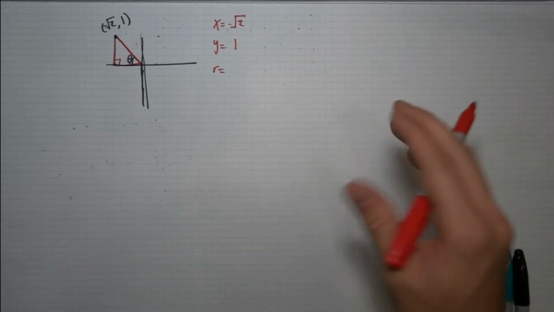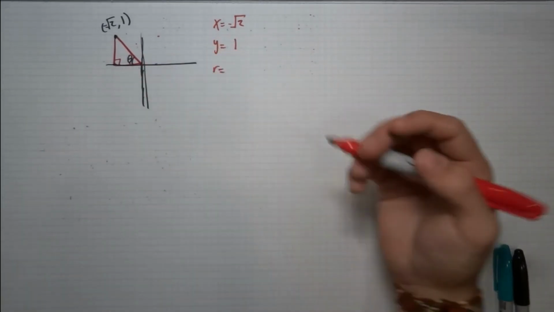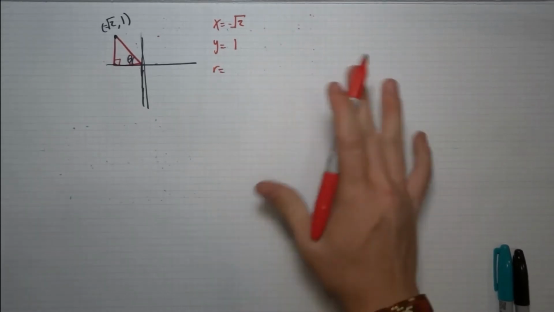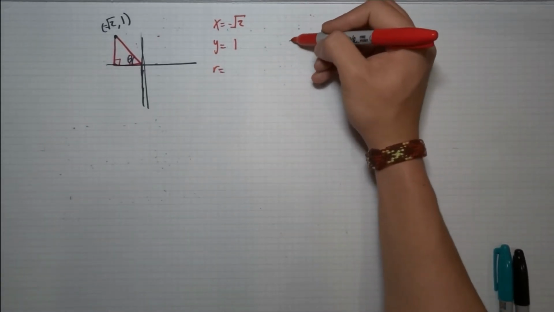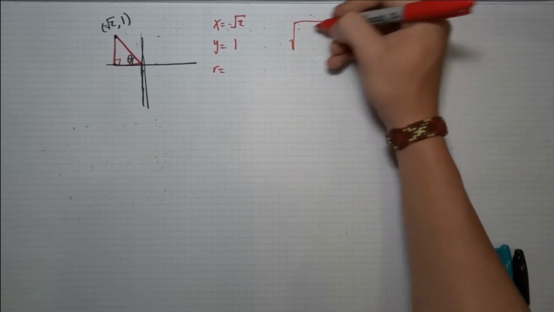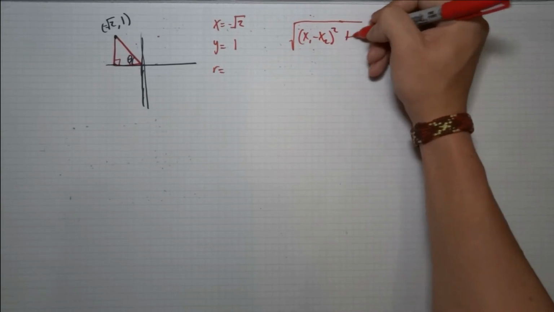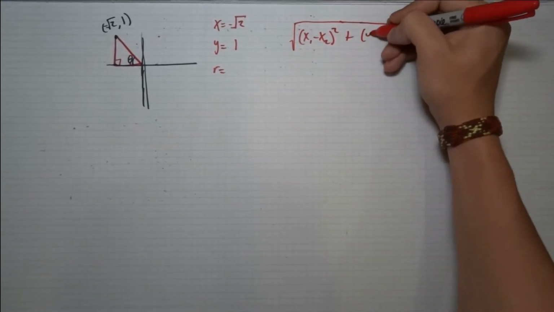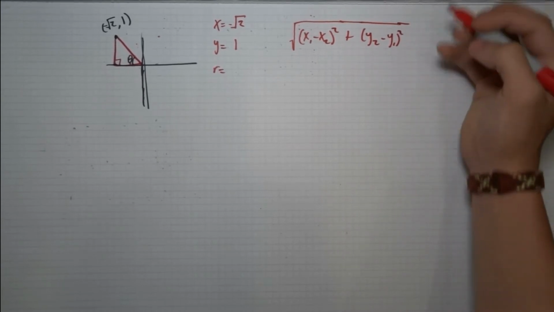Both give you the same answer because the distance formula is derived from the Pythagorean theorem. And you can prove that yourself, and I'll go ahead and walk through the distance formula just to show you guys that they're actually equal. So the distance formula is the square root of x1 minus x2 squared plus y2 minus y1 squared.